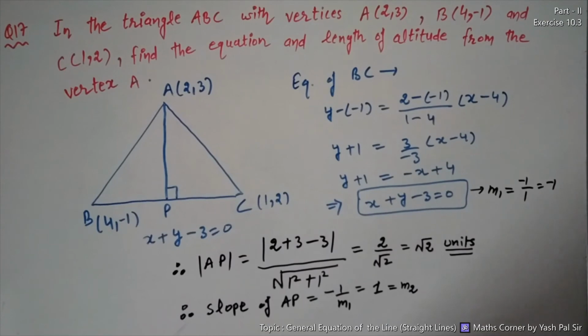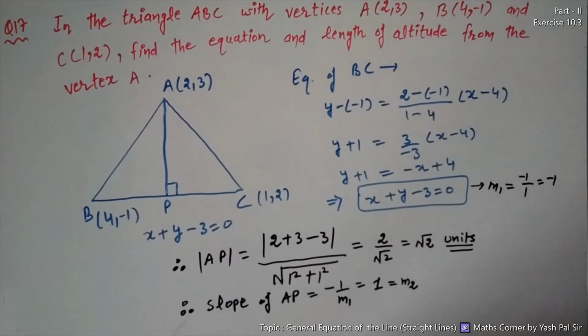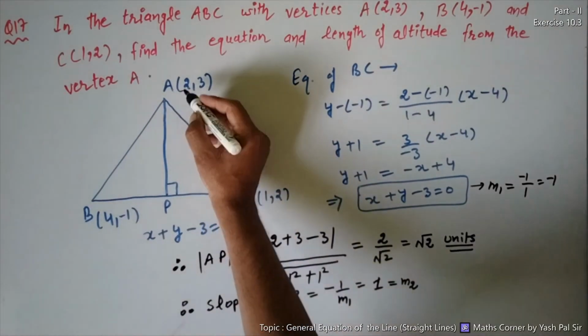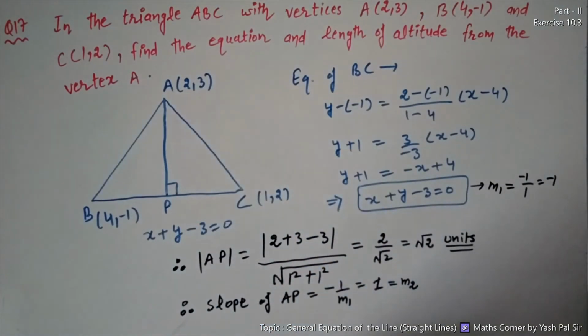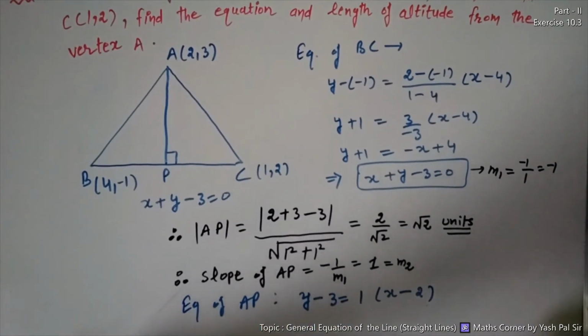Okay, how to find the equation? Slope-point form. A point and the slope are given. So the equation of AP is y minus y1, y1 is 3, equal to slope, which is 1, into x minus x1, x1 is 2. Right?